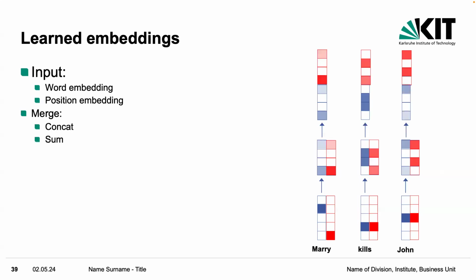There are different ways. The easiest is you can just concatenate both of them. You can also sum both of them. Why does summing work? I mean, these embeddings are learned. So if you sum them up, they will somehow be learned in a way that is reasonable and has a good fit. So in this way, you see up there, now Mary has a different representation, whether she is at the first position or she is at the third position.